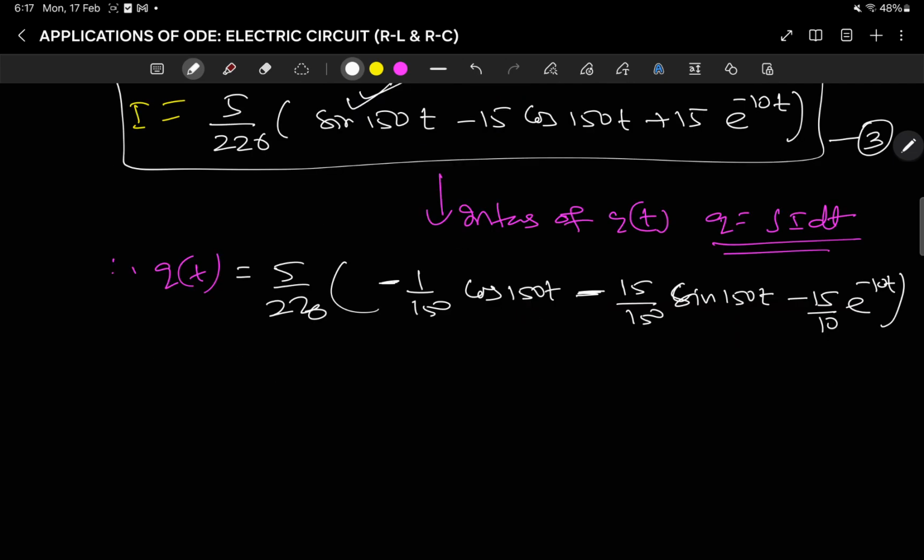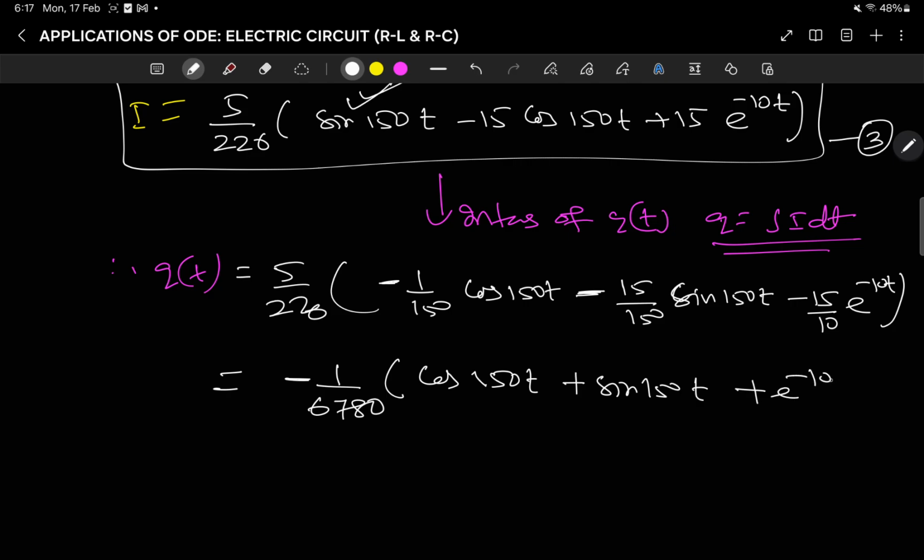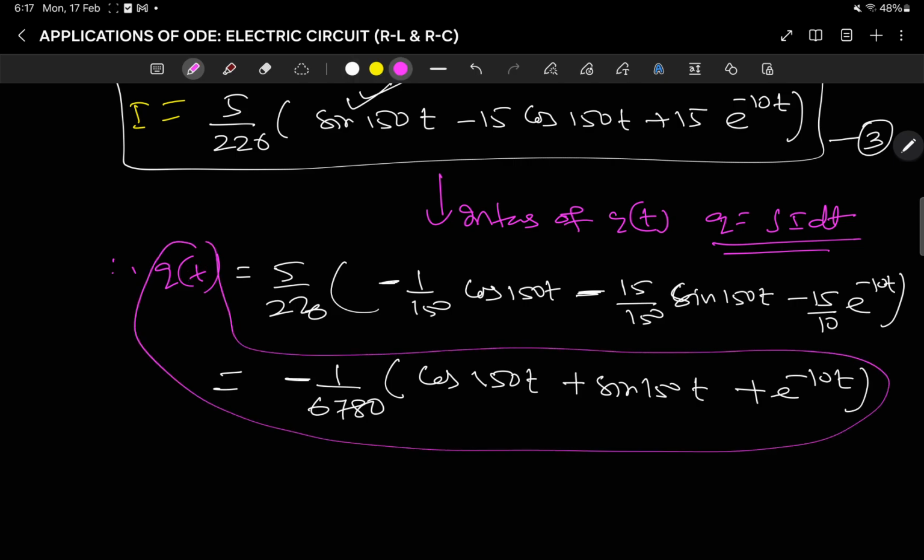If you simplify it, it will give you minus 1 by 6780, cos 150t plus sine 150t plus e to the power minus 10t. Okay, so now this is my Qt in terms of this.